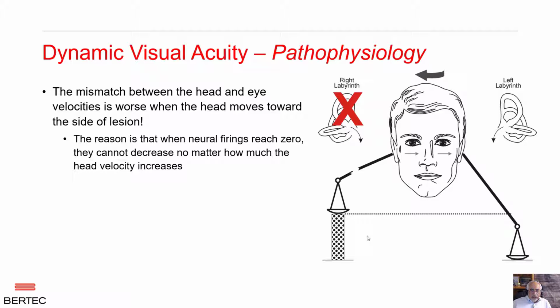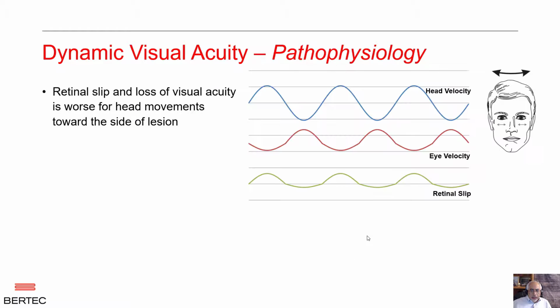For higher head velocities, the mismatch between the head and eye velocities is worse when the head moves toward the side of lesion. The reason is that when neural firings reach zero, they cannot decrease no matter how much the head velocity increases. That means dynamic visual acuity is more severely affected when the head moves toward the side of lesion.